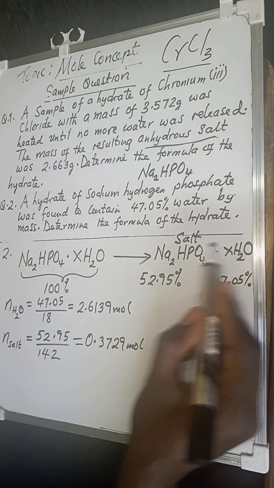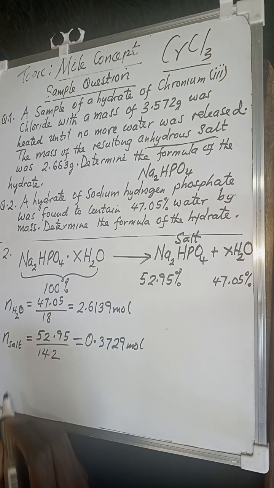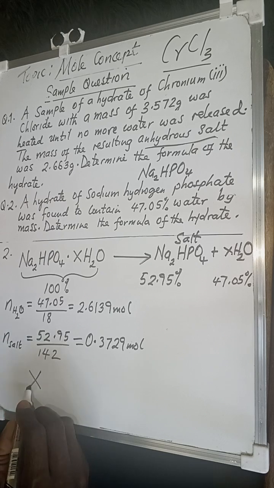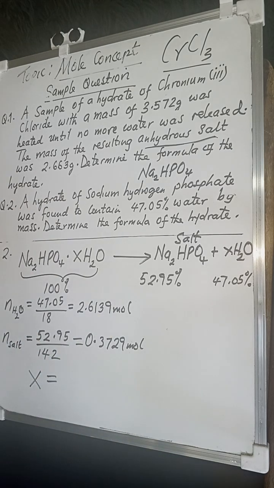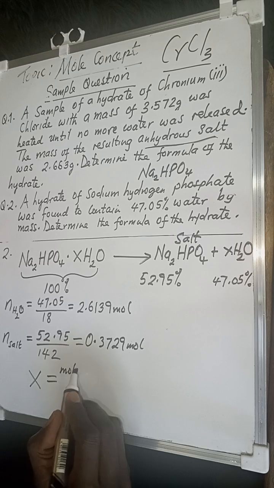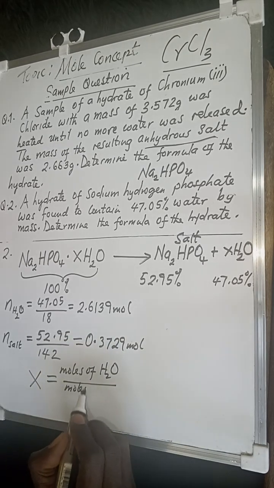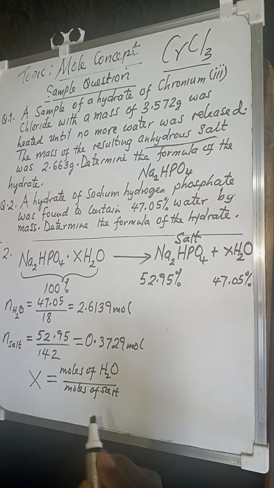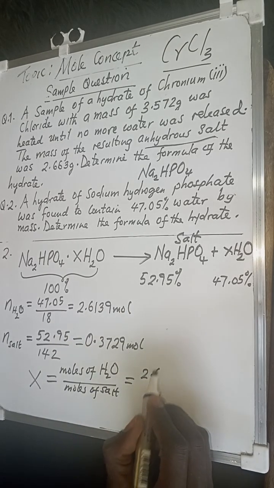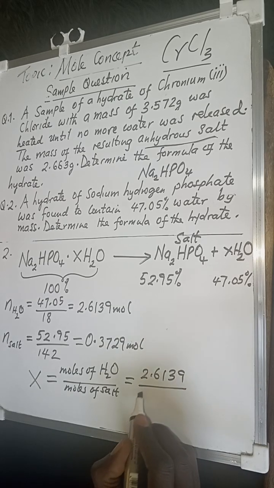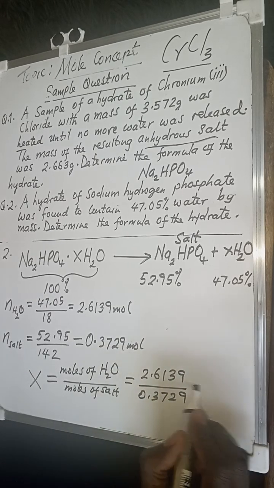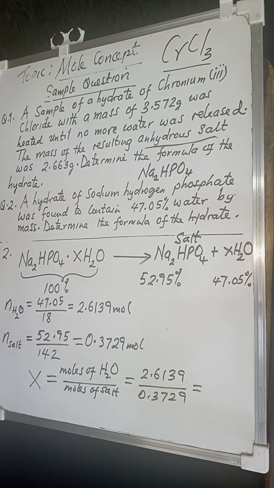So the next thing, you can find what the X in the hydrate indicates. To find X, you're simply going to say the moles of your H2O divided by the moles of the salt that you're having. So it will be 2.6139 divided by 0.3729.